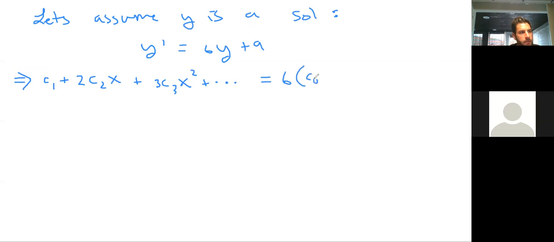So it's 6 times (C0 plus C1x plus C2x squared, etc.), and then plus 9. So again, all I did is replace y prime with what it actually is, and replace y with what it actually is, or at least what I think it is.